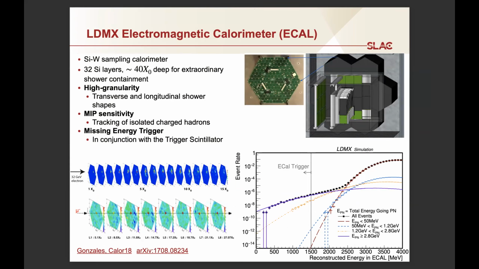It's based on the high-granularity CMS calorimeter, and it provides transverse and longitudinal shower shapes. Additionally, we can do tracking using isolated charged hadrons, and it's also used for the missing energy trigger. As you can see on the bottom part of the slide, we require everything that has a deposit in the calorimeter lower than 1.5 GeV.